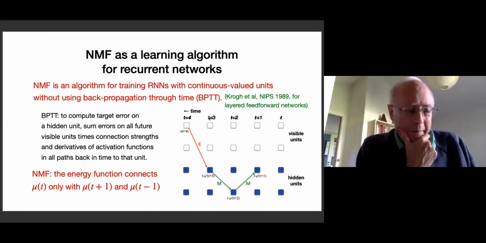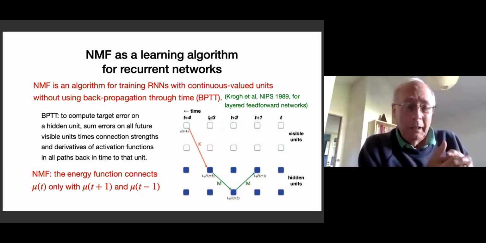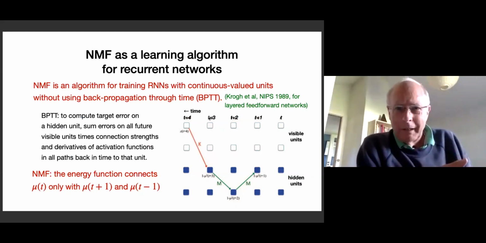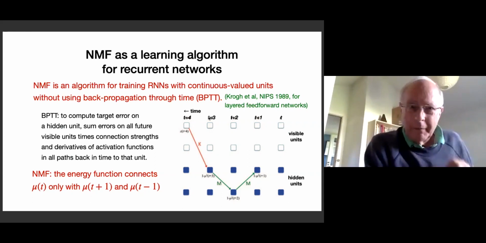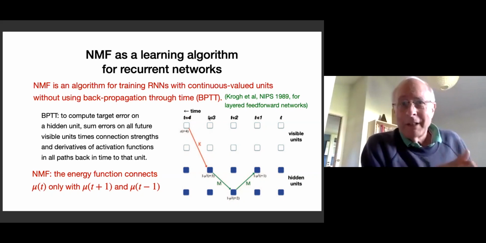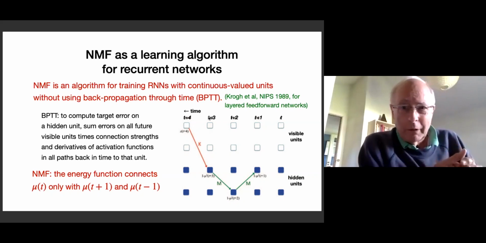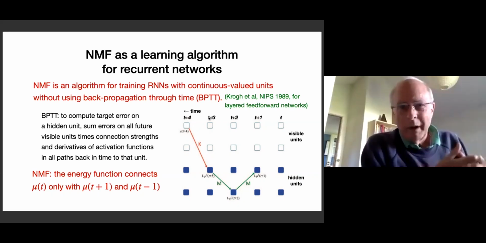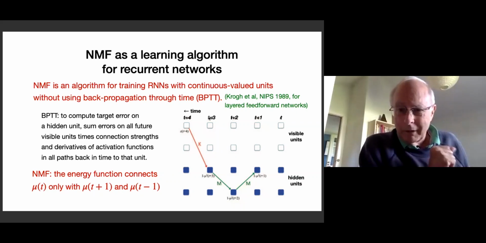So this made us think of naive mean field theory in its own right, even though it's deficient as a theory of stochastic systems, as a learning algorithm for recurrent networks. It's a way of training a recurrent network with continuous valued units without using backpropagation through time.